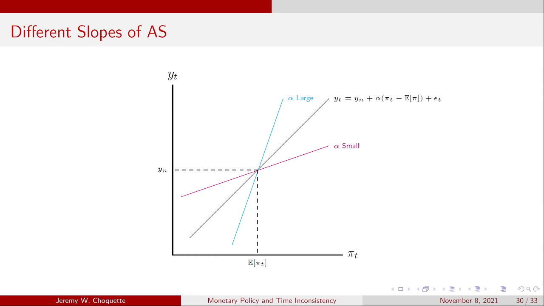So for every 2 percentage points that inflation increases above expectations, output increases by only 1 percentage point. Conversely, if alpha is larger than 1, say alpha is equal to 2, then for every 1 percentage point increase in inflation, you will have a 2 percentage point increase in the rate of actual output. So this tells us how alpha relates inflation deviations or inflation surprises to output.